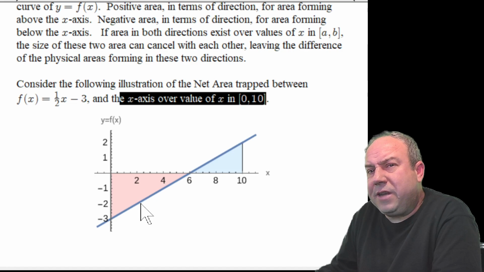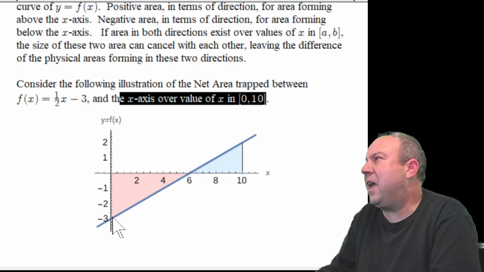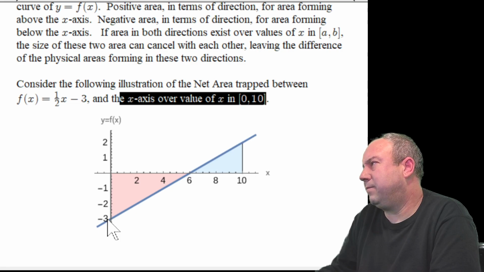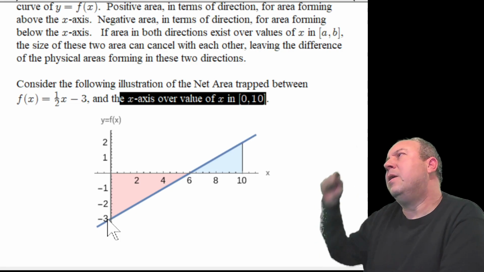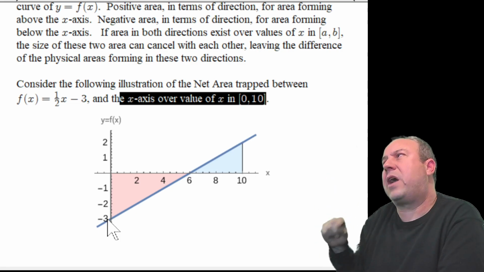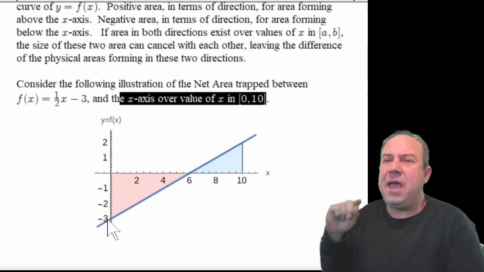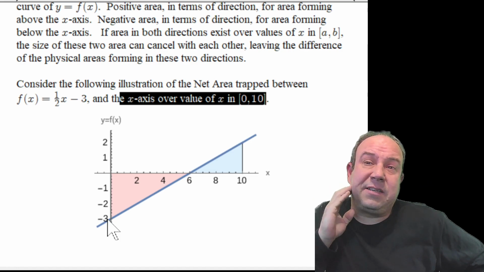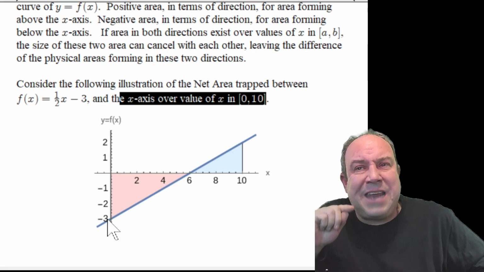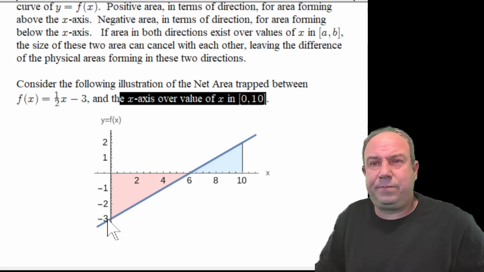If we consider the net area trapped below here, it is a triangle with a base measurement of 6 and a height of -3. Technically positive 3, but because it forms in the negative direction, let's say -3. And when we take -3 times positive 6, that will yield -18 in value.